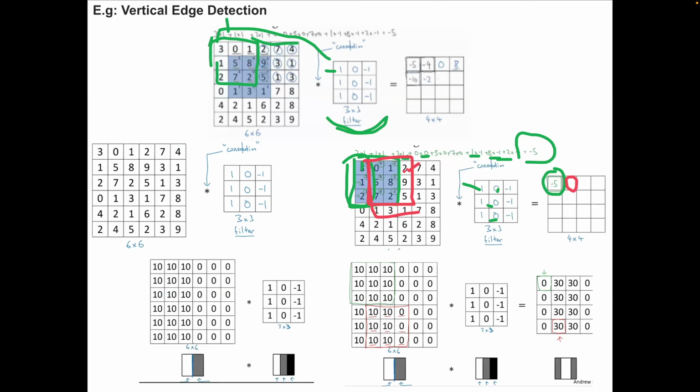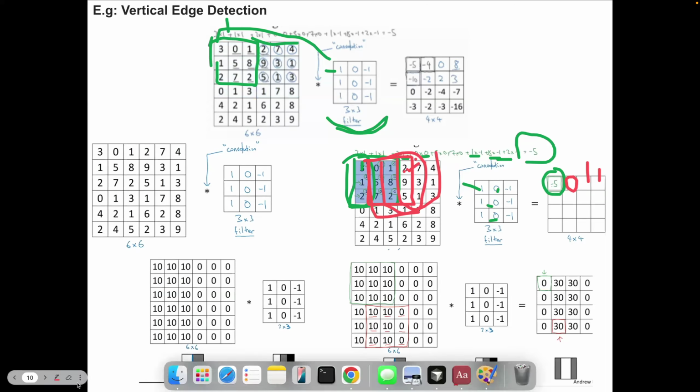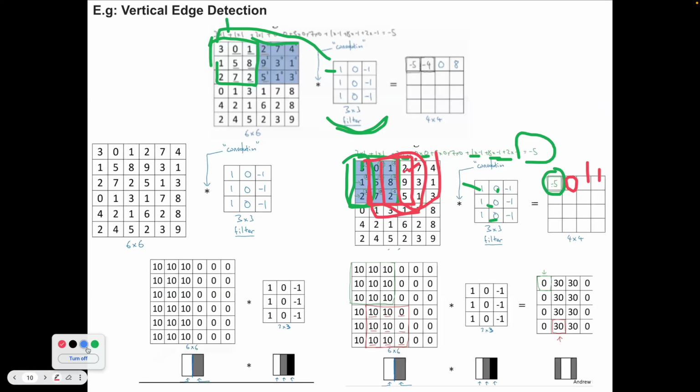And then we keep on performing this until we move from here to here, and then we move till we get to the end, and then we get these values. And then we move one stride under, so we move down here, and then perform the same thing.